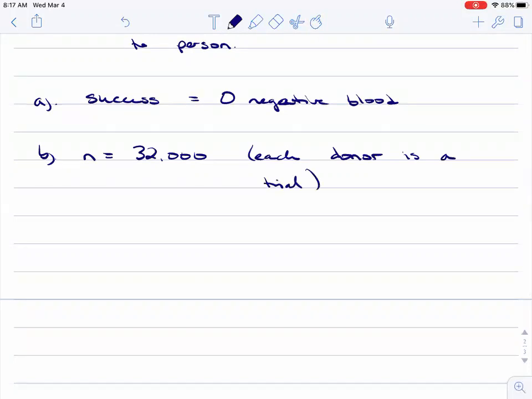N is the number of trials, and so each donor is a trial. P is 6%, or 0.06. The probability of success is 0.06.